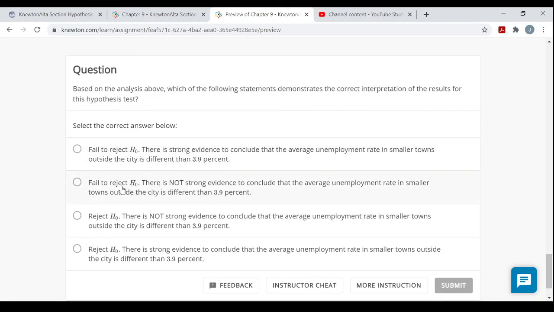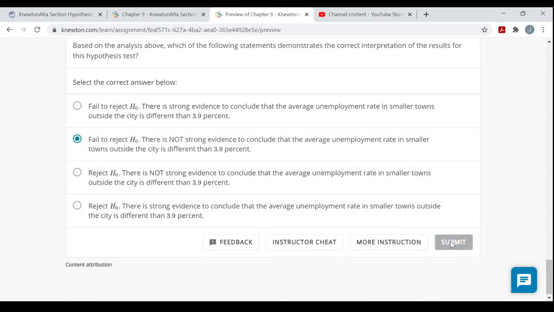Remember there, I said if we don't reject the null, then we're not supporting the alternate or the alternative. And the alternative was the claim. So we're not supporting the claim. So we fail to reject the null. There is not strong evidence to conclude that the average unemployment rate of smaller towns outside the city is different than 3.9%. That was the alternative hypothesis, and we're not supporting it because we're keeping the null.